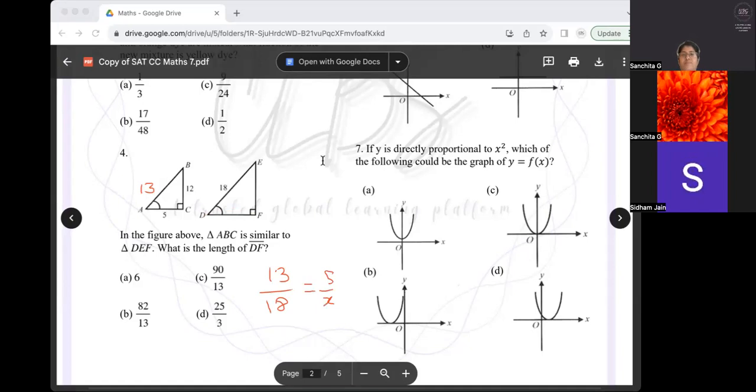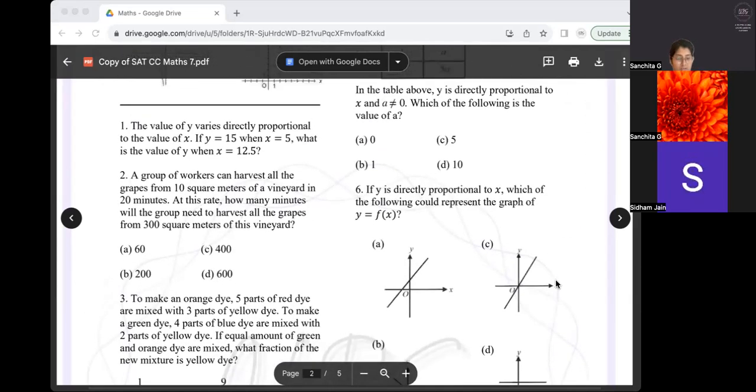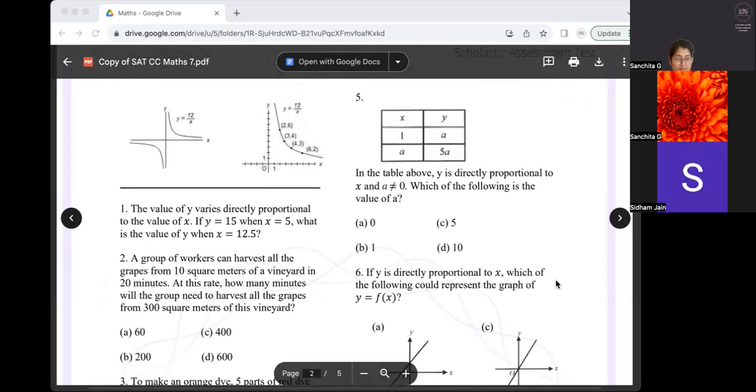Can we do that? Yes, absolutely it's C. Okay. Good.